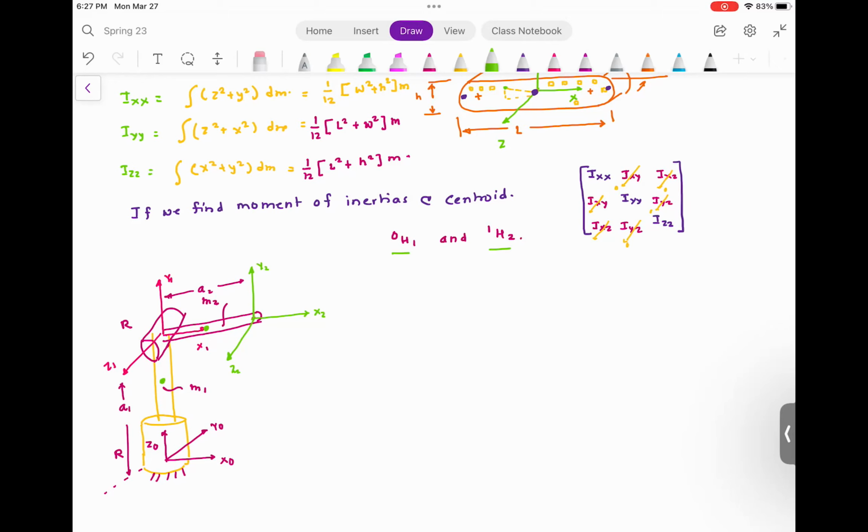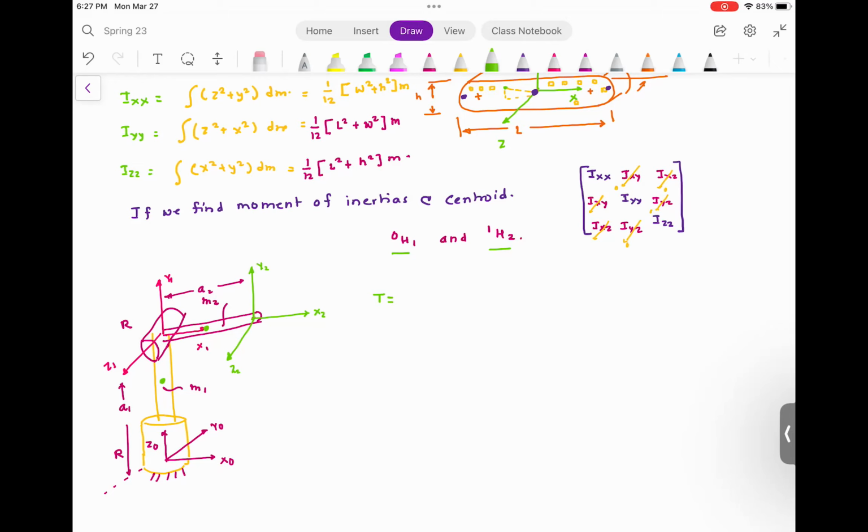Now, what I would do is find out the total kinetic energy. So T is equal to total kinetic energy. There are two masses, the first mass m1 and the second mass m2.